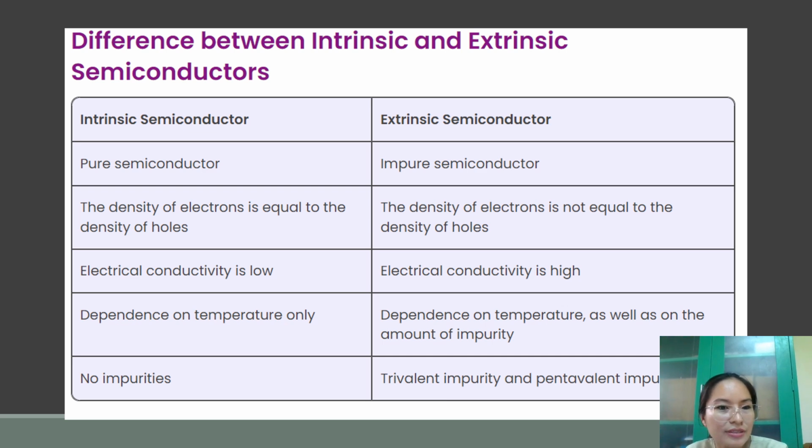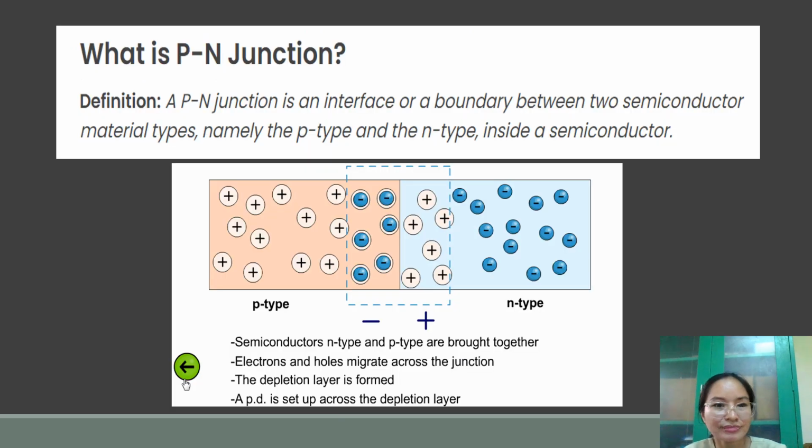Now, intrinsic semiconductors are dependent on temperature only, while extrinsic, aside from temperature, also depends on the amount of impurity. So, in intrinsic, no impurities. In extrinsic, trivalent and pentavalent impurities.